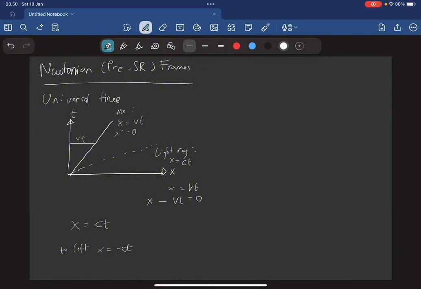V is my velocity relative to you. How do I describe my own motion? That's easy. I'm always at the origin of my own coordinate system. In other words, I describe myself by an equation like the one that I already wrote: x prime equals 0.